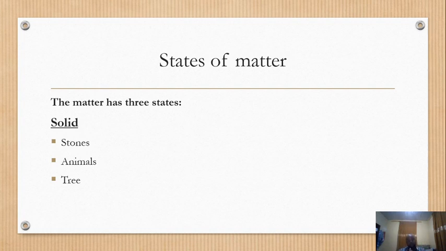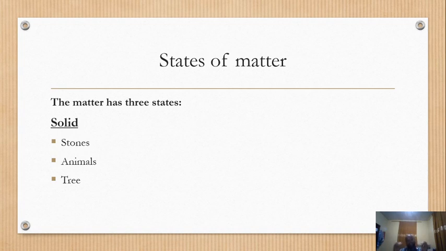Animals, the cats, the goats, the sheep, the cows, the donkeys, the monkeys, baboons, people, trees, cars, a lot of things that are around us are of solid substance.